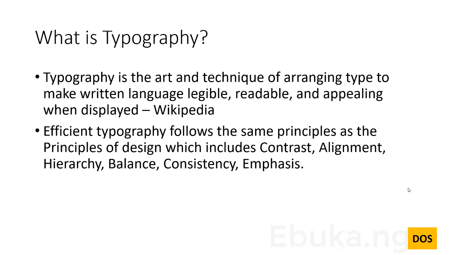Good. So, what is typography? Now, this definition here is from Wikipedia. Wikipedia defines typography as the art and technique of arranging type to make written language legible, readable, and appealing when displayed. Notice again, it says legible first, readable, and then appealing when displayed.